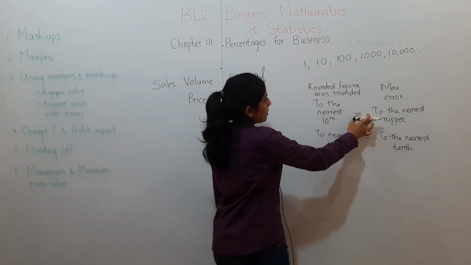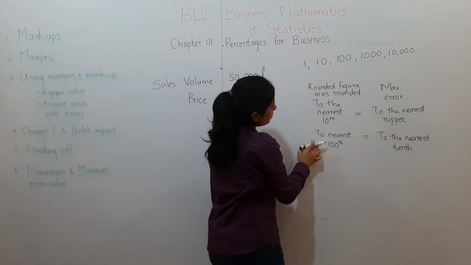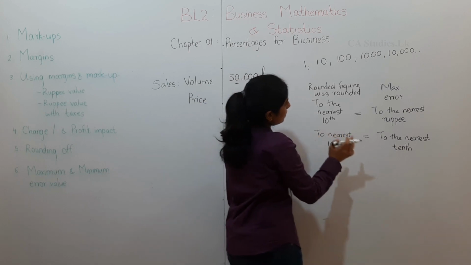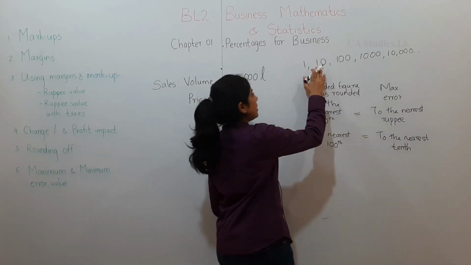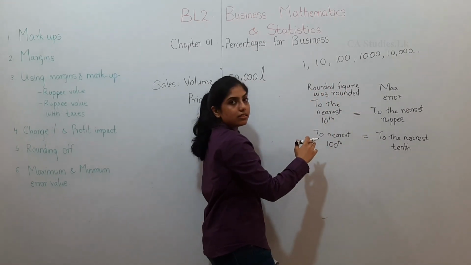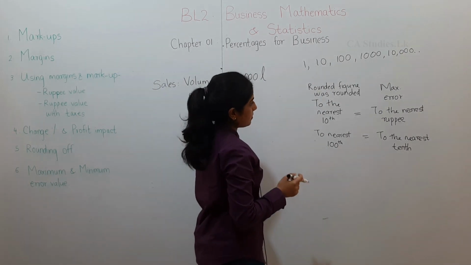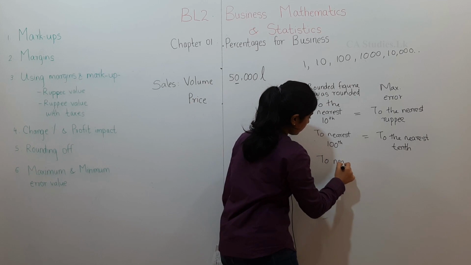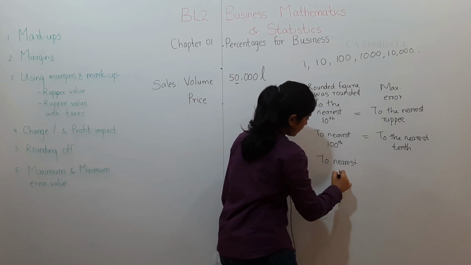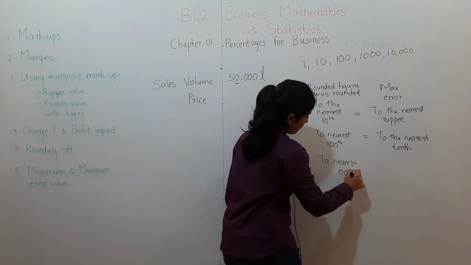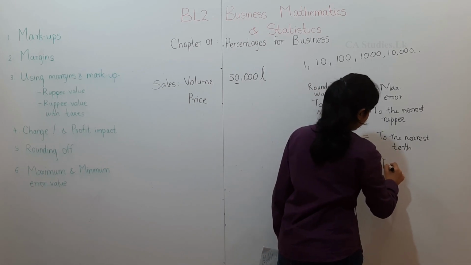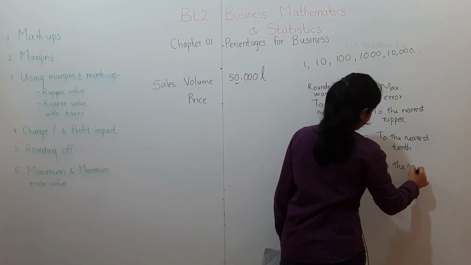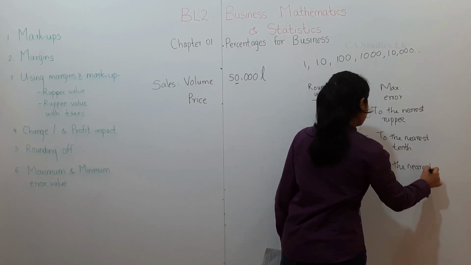And give your maximum error. If the rounded figure was to the 100, you give your maximum error to the nearest 10th, the one right behind it. Fine. So the nearest 1000, how will you express it? You will express it in 100, to the nearest 100.